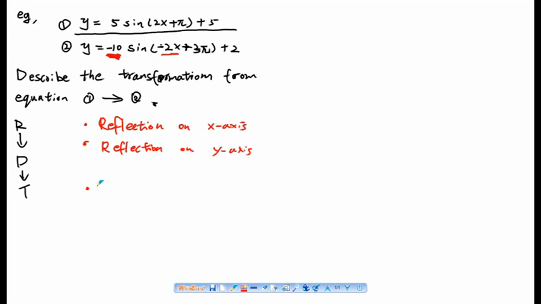If you have trouble finding the scale factor, we know there's a dilation because the value here is different from the value in the second graph, so there's a dilation along the y-axis by a scale factor of 10 divided by 5, which is 2.